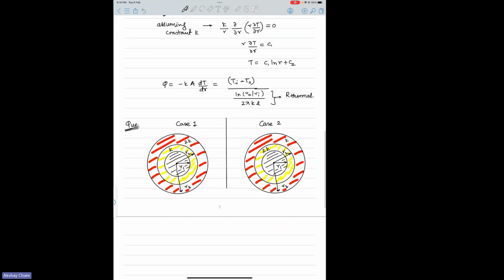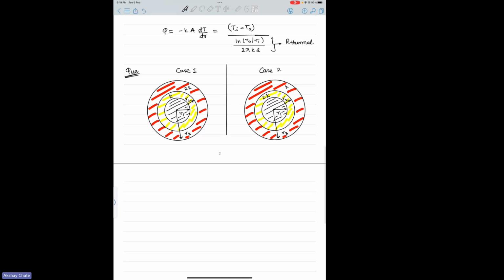And the question that is typically asked is, in which case lesser heat transfer will take place.